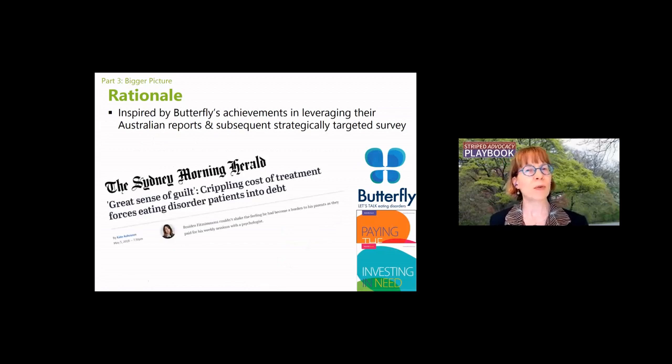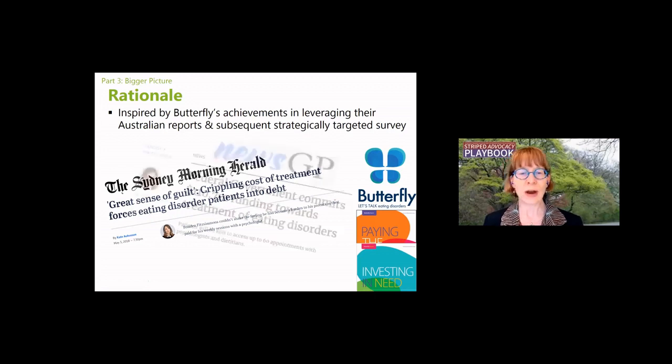After publishing both of their cost of illness reports, first of the kind, they then contracted to do a survey of the experiences of people with eating disorders and their family members and how they lived that, the lack of coverage for healthcare in Australia, the barriers to care, the costs. How was that experienced personally by people with eating disorders? They did a very compelling report through a survey to describe that.